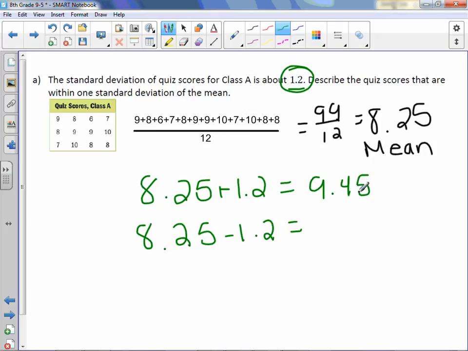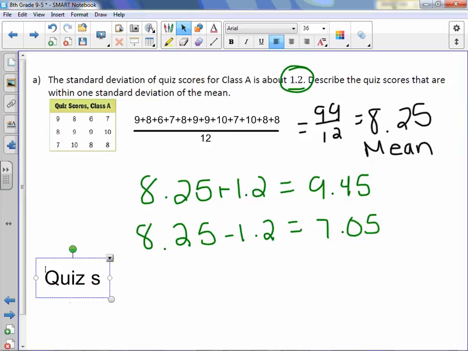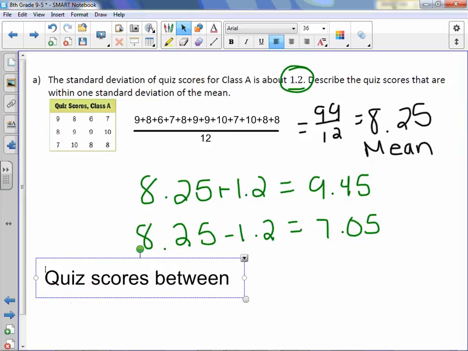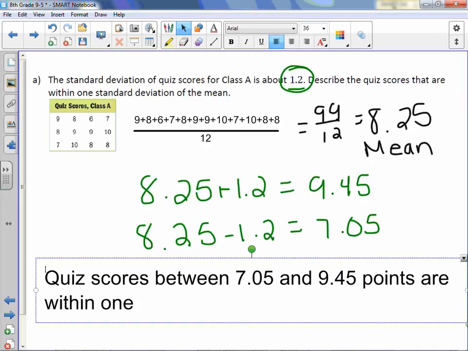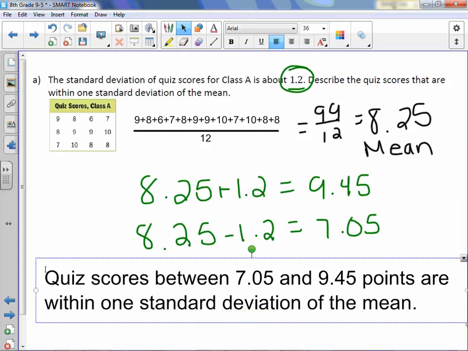And when we subtract them, we get 7.05. So this is what that means. Quiz scores between 7.05 and 9.45 points are within one standard deviation of the mean.